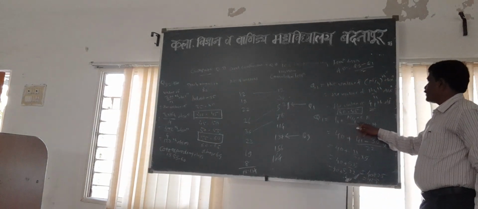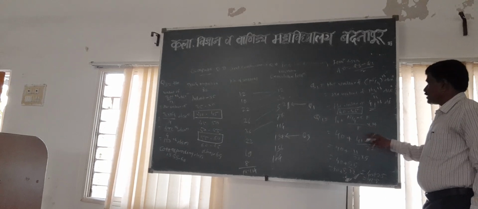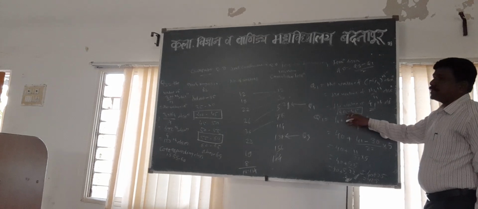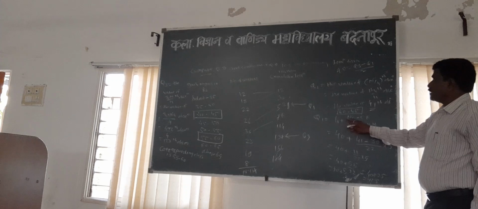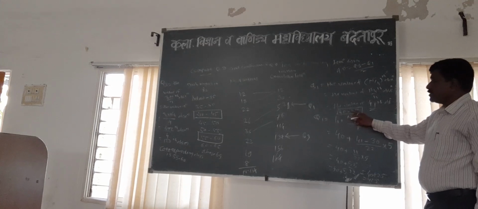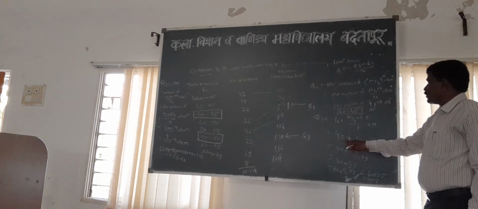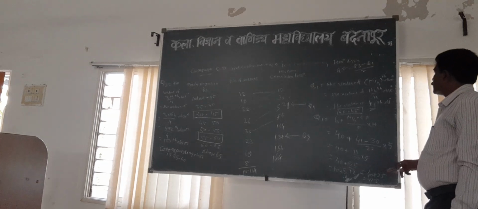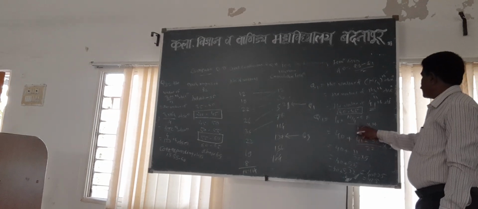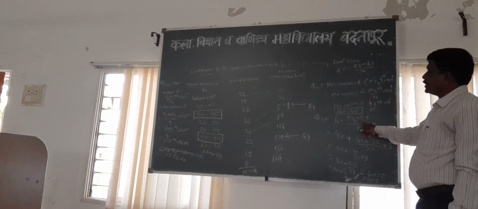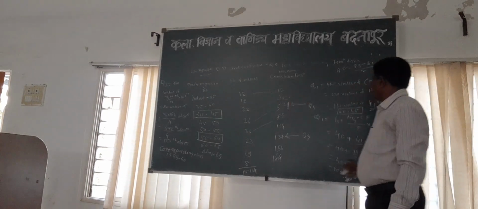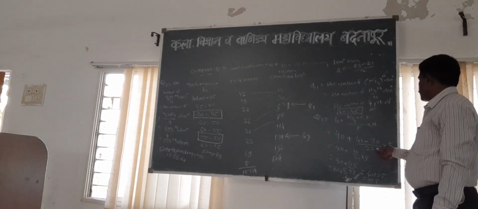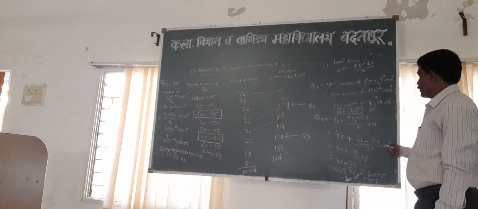Quartile 1 equals L1 plus (n by 4 minus Cf) divided by F, into H. The corresponding class interval is 40 to 45, so the lower limit L1 is 40, plus n by 4, where n is 164, so 164 divided by 4 is 41, minus Cf, the less than cumulative frequency, 30, divided by F, the corresponding frequency, 22, into the class width 5.